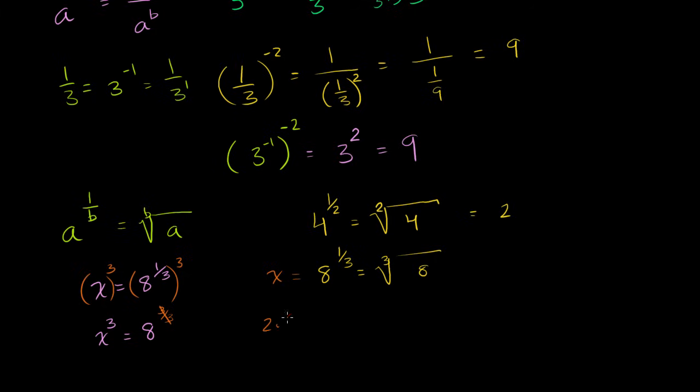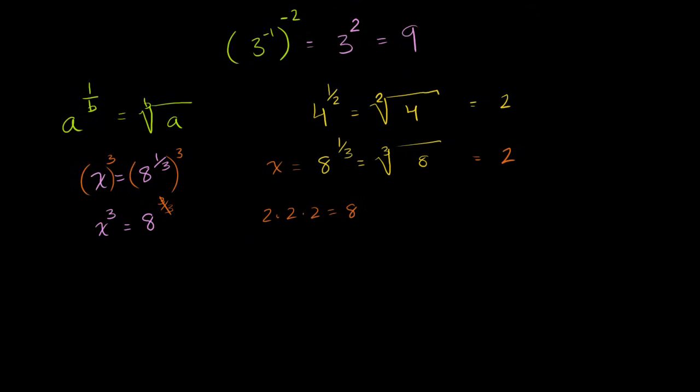Well, 2 times 2 times 2 is equal to 8. And there's no really easy way, especially once you go to like the 4th root or the 5th root and you have decimals, of calculating these. You probably need a calculator most of the time. But things like 8 to the 1/3 or 16 to the 1/4 or 27 to the 1/3 are not too hard to calculate. So this right here is 2.